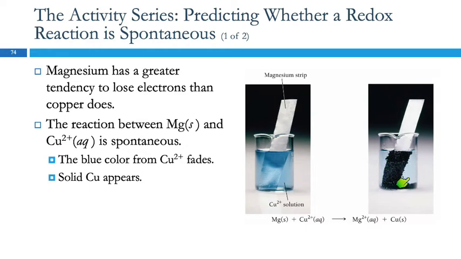Notice how the solution is less blue here? The blue color is from the copper ions. So copper ions are leaving the solution and turning into this kind of black stuff, right? The reason this happens is that magnesium has a greater tendency to lose electrons than copper does.